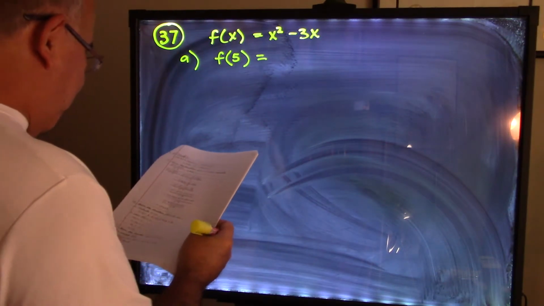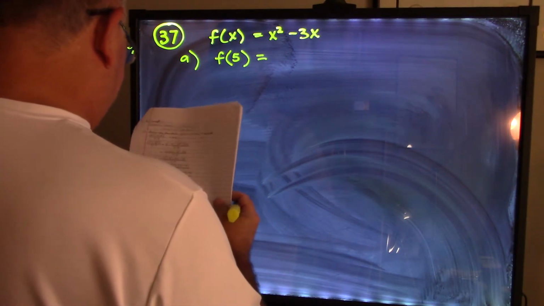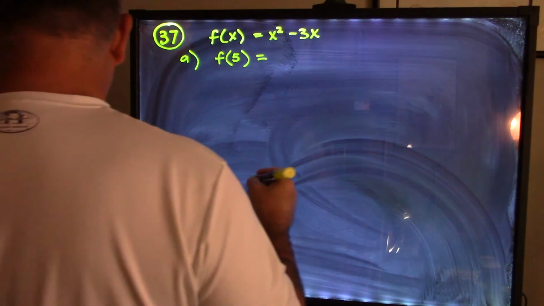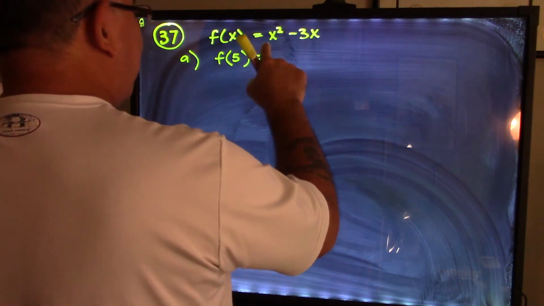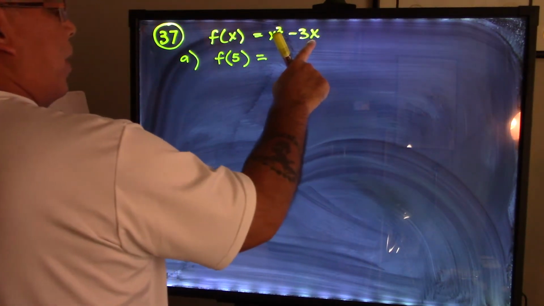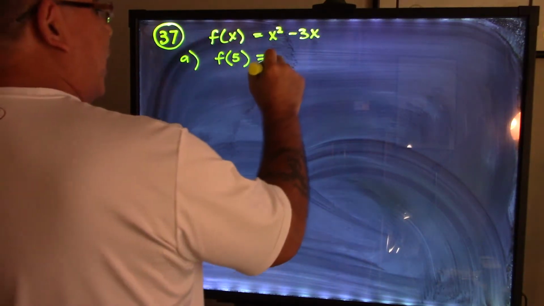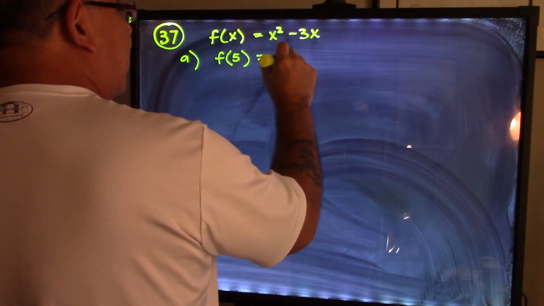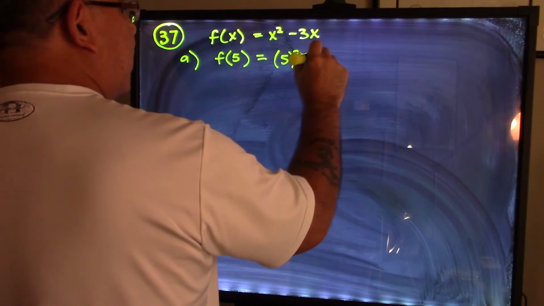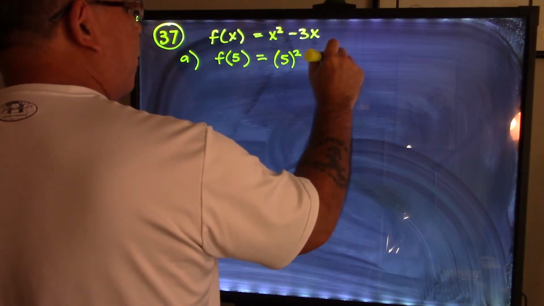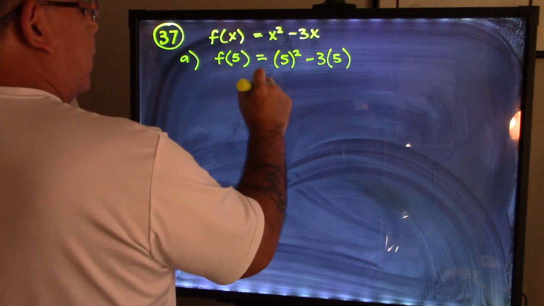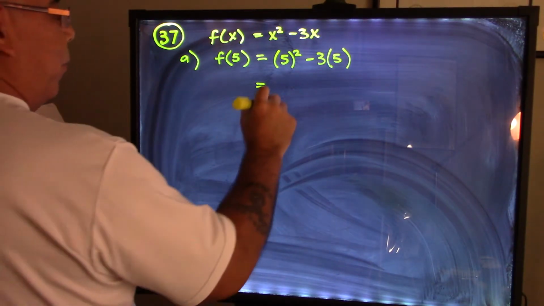Well, evaluate means to calculate it or compute it, right? So we've got 5 there and a 5 there. So that's 5 squared minus 3 times 5. 5 squared is 25.